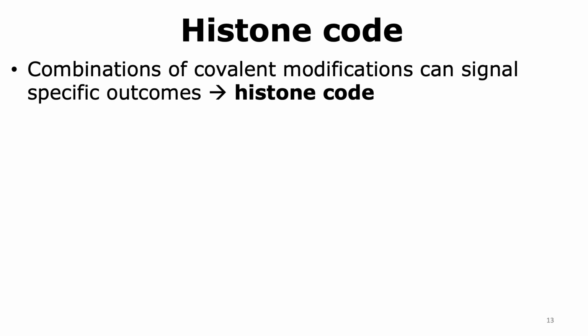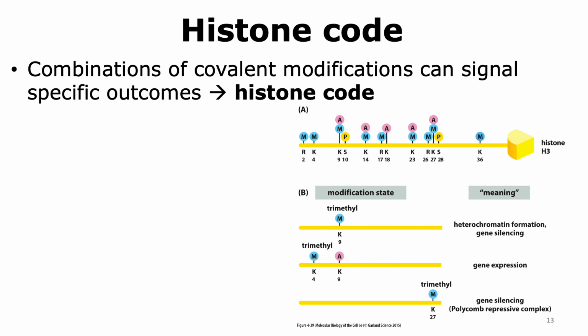To give you an example, when we look at the figure part A, which is at the top, we're looking at one of the histones, which is histone H3, and we're looking at the different modifications that can happen in the different amino acids that are denoted by the letters R, K, S. R stands for arginine, K stands for lysine, and S stands for serine.